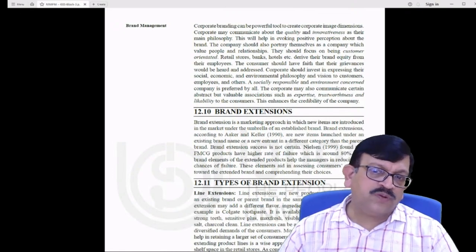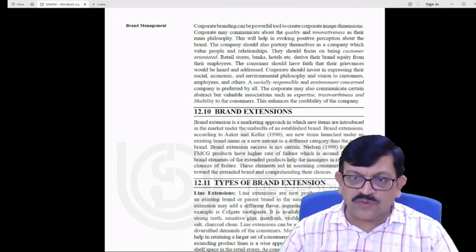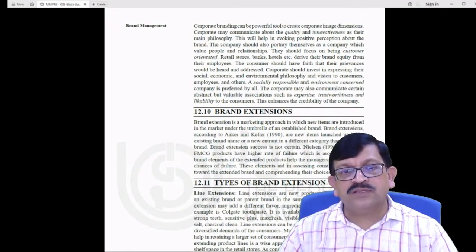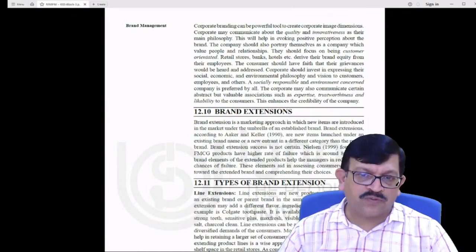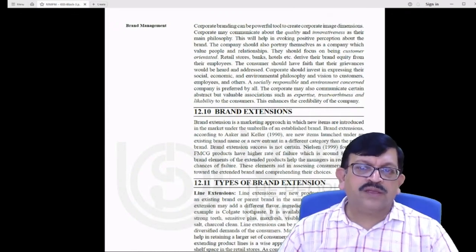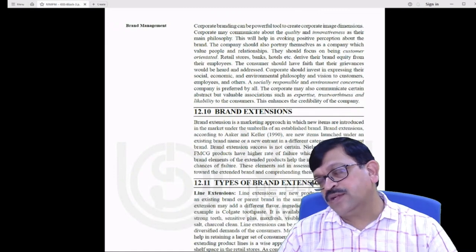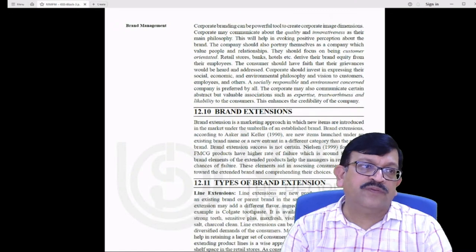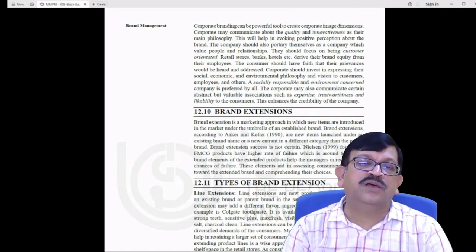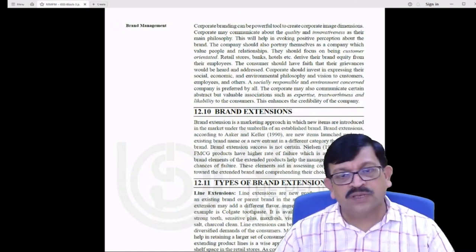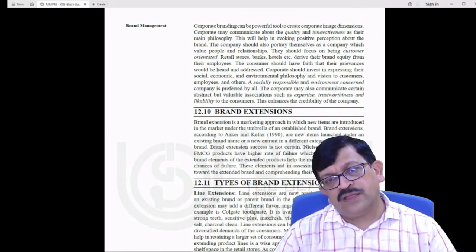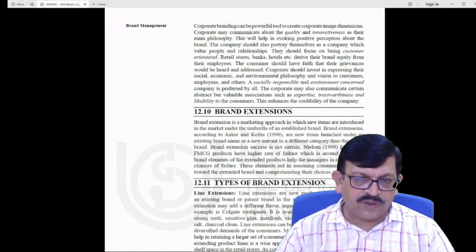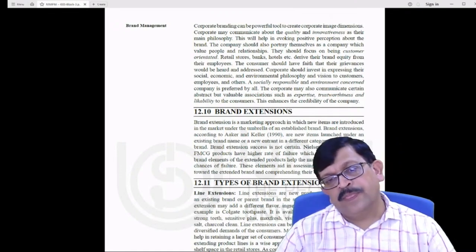While we do that, we are also sure that if the extension has been well thought of, in terms of assessing the consumer attitudes well, and you're able to compete in terms of your competitive strength, you're able to project the advantage over your competitors, then obviously you'll find that the brand extension definitely works to the advantage of the existing brand.